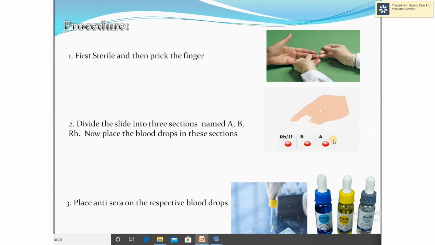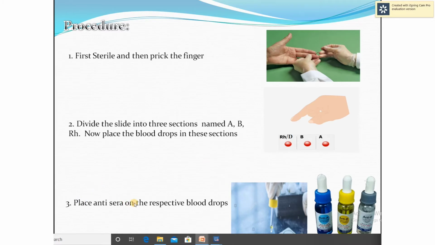There will be 3 sections, A, B, and RH, which is also known as D. Antisera D is available in the market, which is the antibody for the RH type. So A, B, and D are the 3 sections. You'll be putting your blood in these sections.